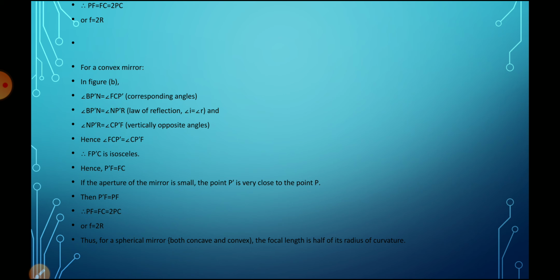For a convex mirror in figure B, angle BP'N is equal to angle FCP', corresponding angles. Angle BP'N is equal to angle NP'R, law of reflection, angle I is equal to angle R, and angle NP'R is equal to angle CP'F, vertically opposite angles.